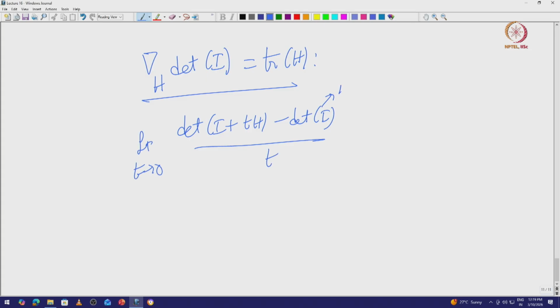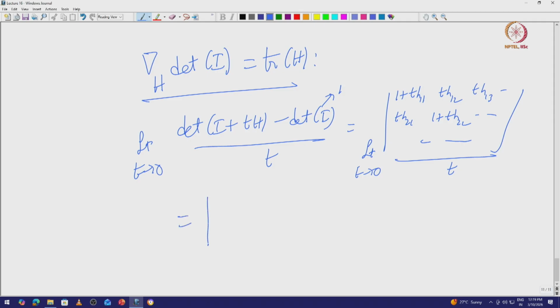The determinant of I is of course 1. So this is the determinant of the matrix with entries 1 plus tH11, tH12, tH21, 1 plus tH22, etc., divided by t.